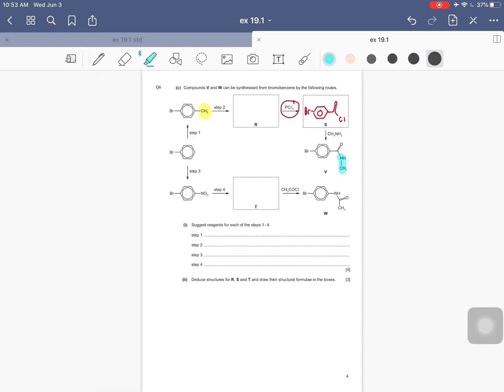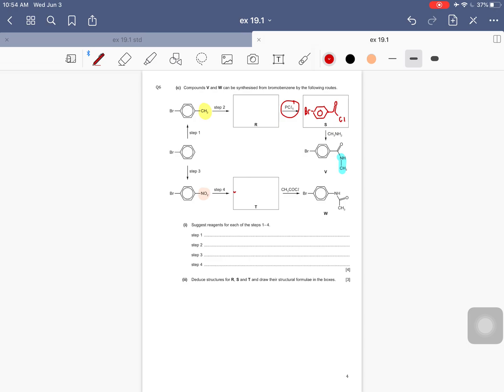Step 3 is easy because you are attaching nitro, so that's the nitration of benzene. Then this is probably the only thing that you wouldn't know, so I'm going to give you the answer.